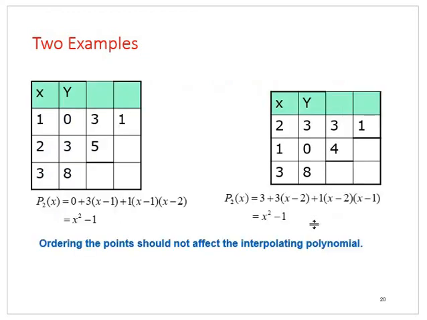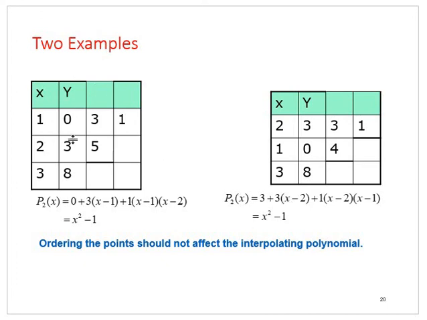So the divided difference tables and polynomials for those two are the same, and this should show you that ordering the points should not affect the interpolating polynomial.